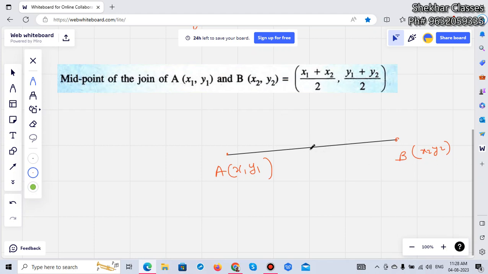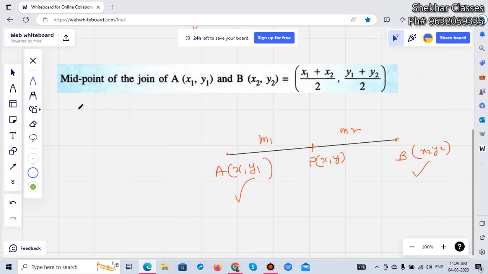So let there be a point exactly in the middle, and it will be point P. It will have a coordinate x and y. We do not know it, but we have to find the coordinate of P. So remember, when it is exactly the midpoint, then M1 will become equal to M2, right?